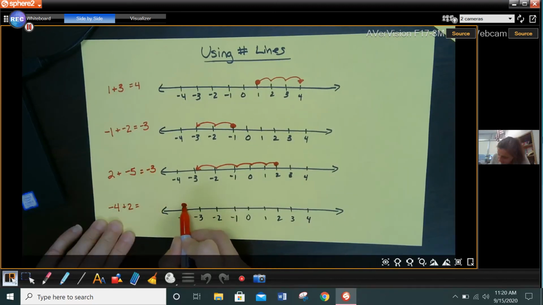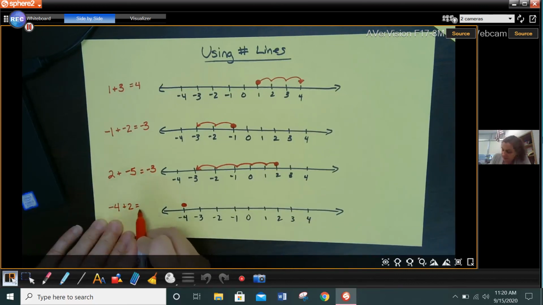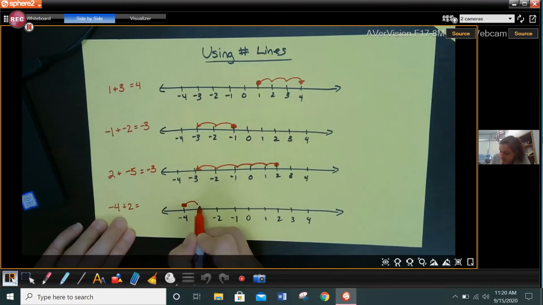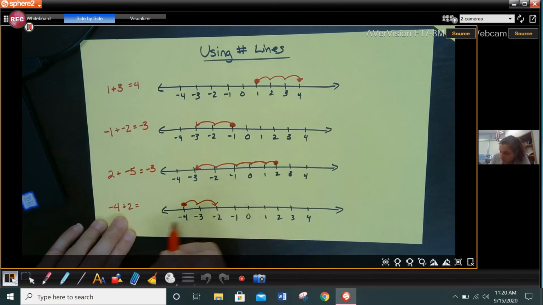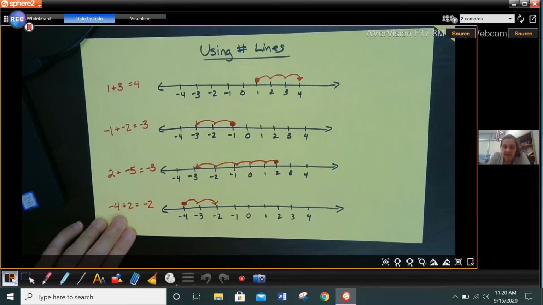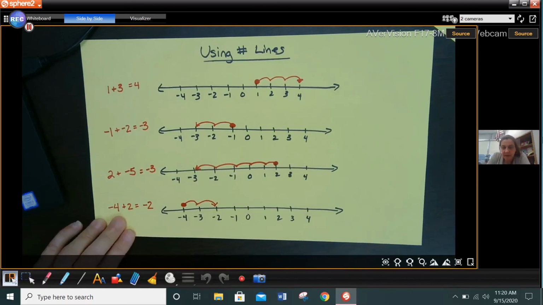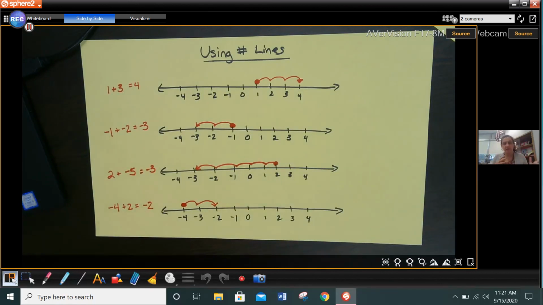Well, dot where you start. I'm adding 2 positives, that's moved to the right direction. So I end up right here at -2. So depending on where you start, sometimes you may end up with a positive number, sometimes you may end up with a negative number, but these are just 2 tools to help you figure out which way you should be moving and going.